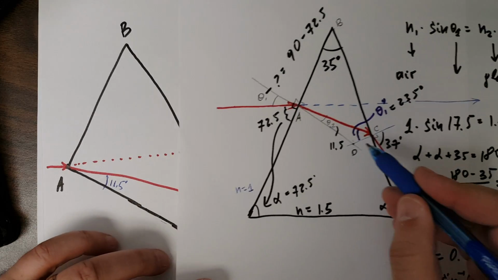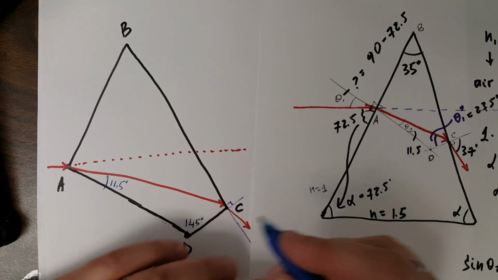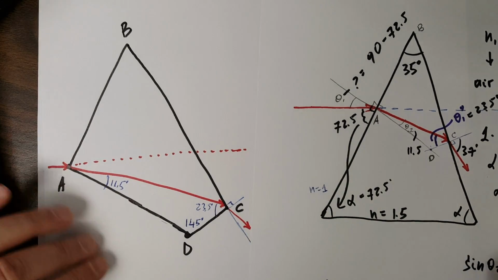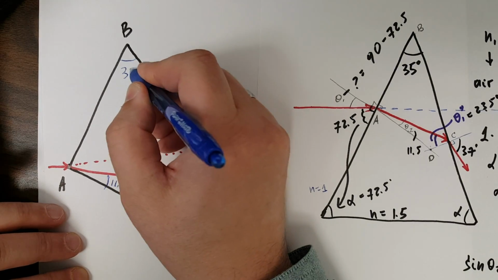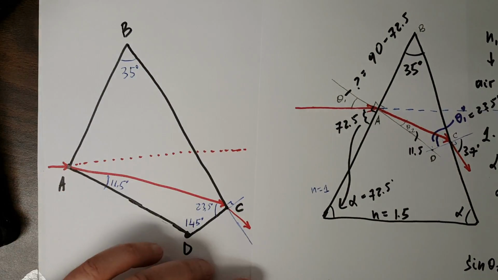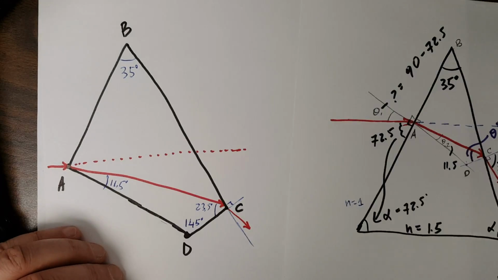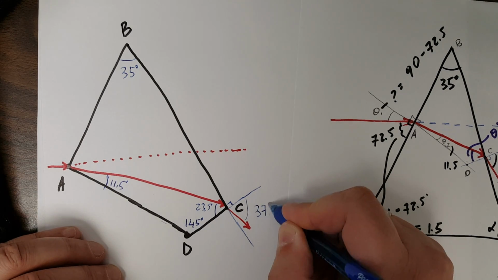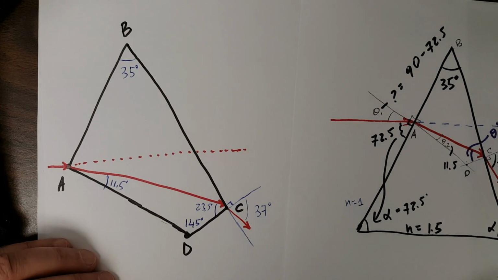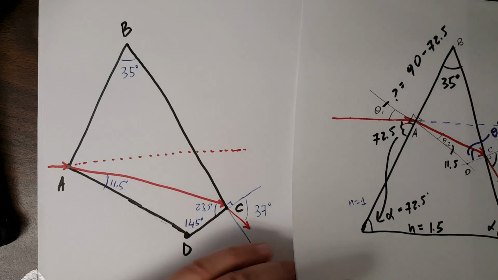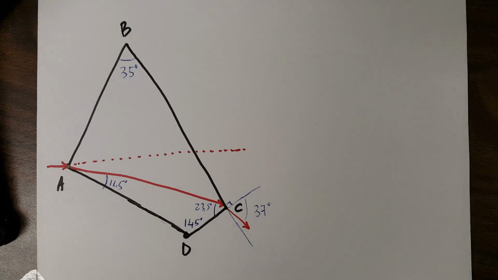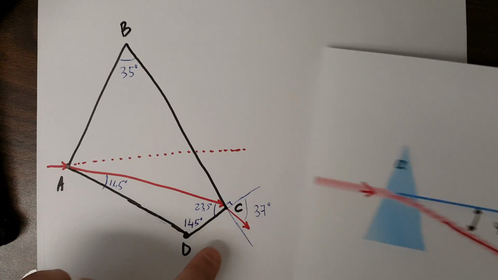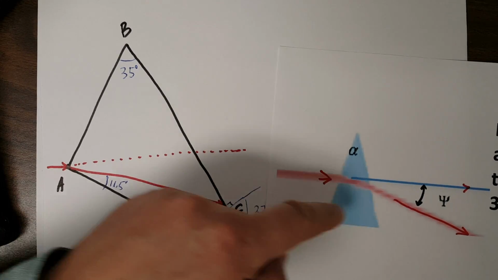Now this angle between the ray and normal, 23.5 degrees. This is 35 degrees. Now, from the normal to the ray, 37 degrees. And the angle we need to calculate is this one, between this direction and this direction.